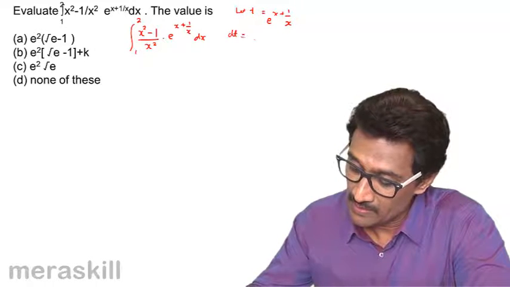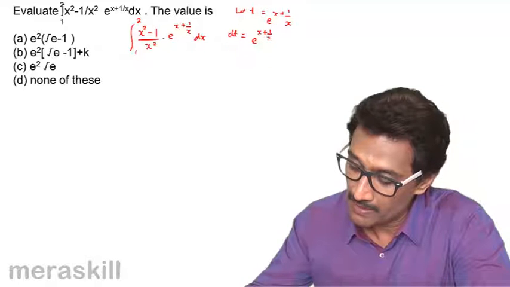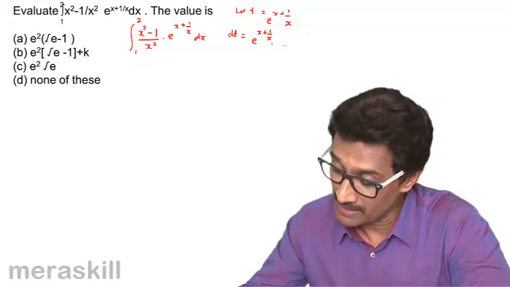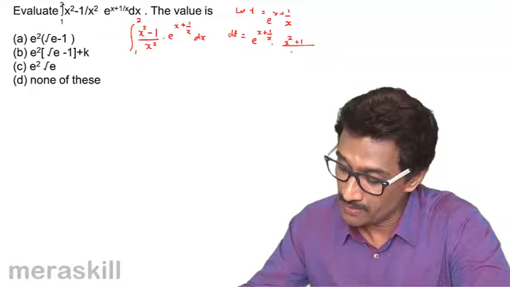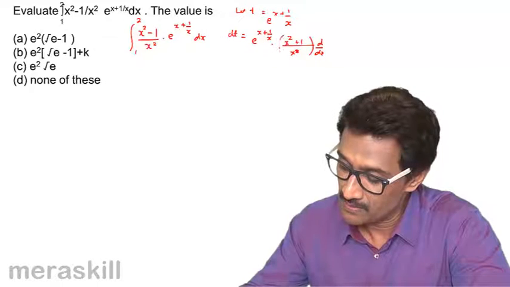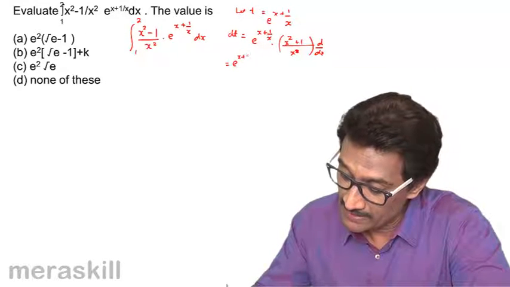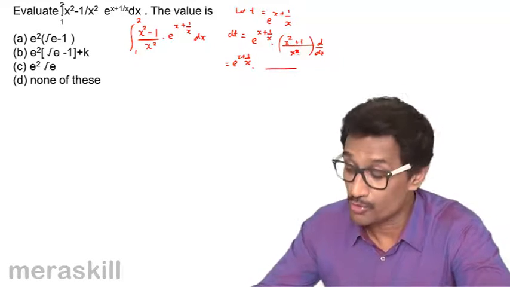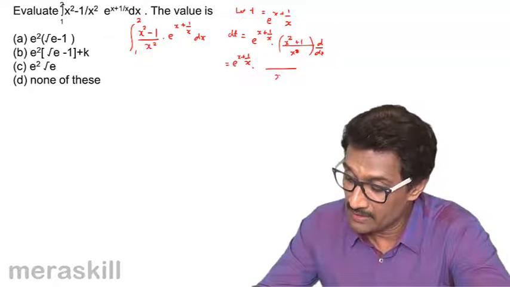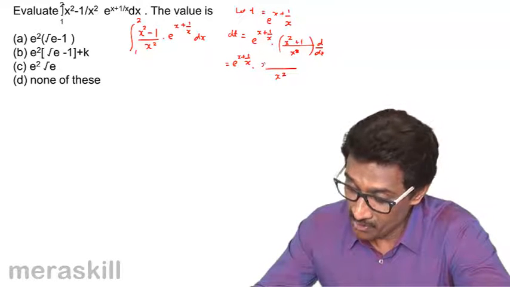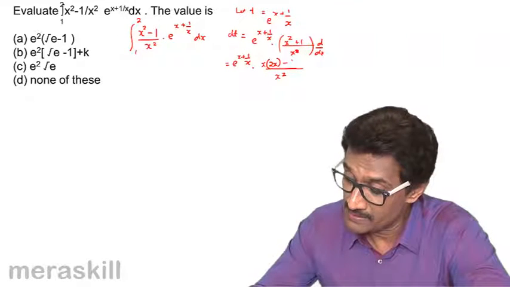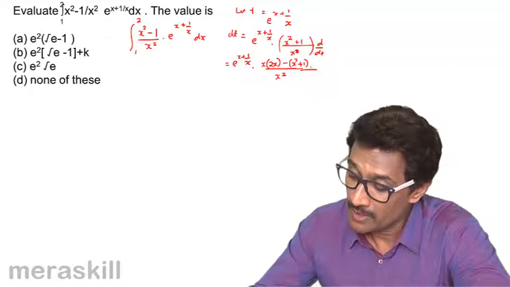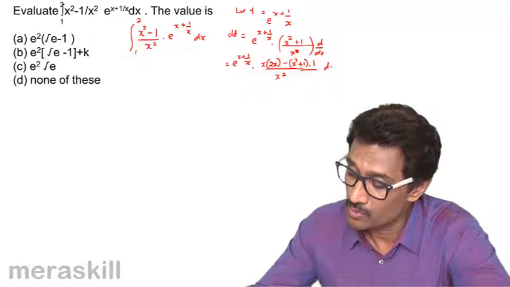Therefore dt would be equal to e raised to x plus 1 by x into d by dx of x plus 1 by x, which is x square plus 1 upon x. d by dx of this, using quotient rule, denominator is x, so we get x square, then denominator x into d by dx of x square plus 1, which is 2x, minus x square plus 1 into d by dx of x, which is 1, this whole thing dx.